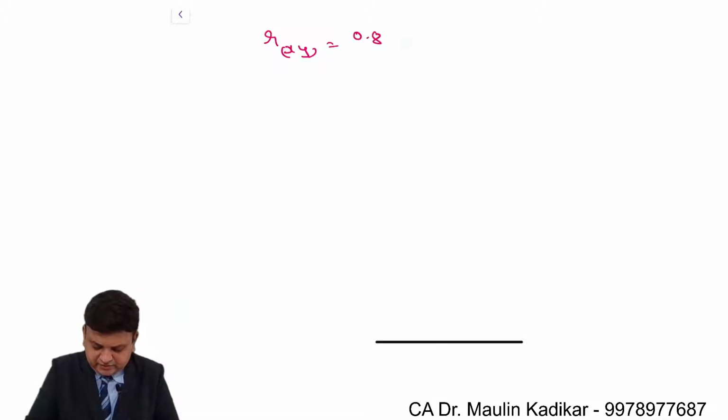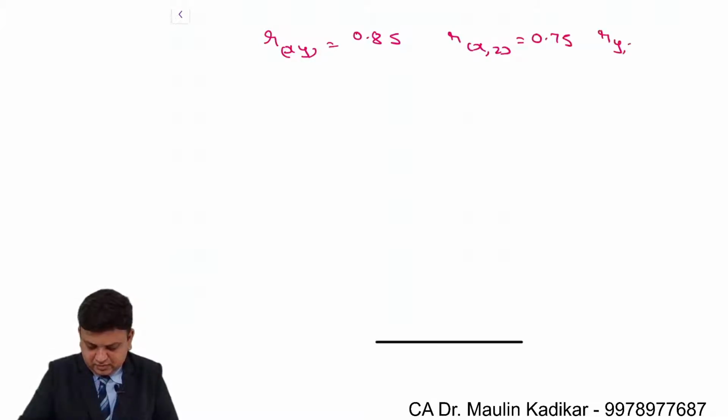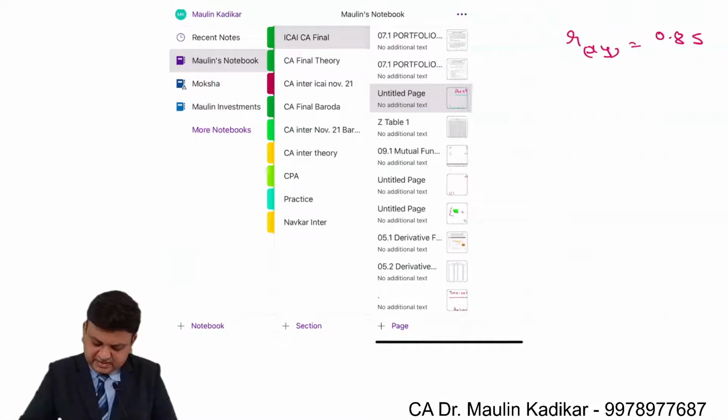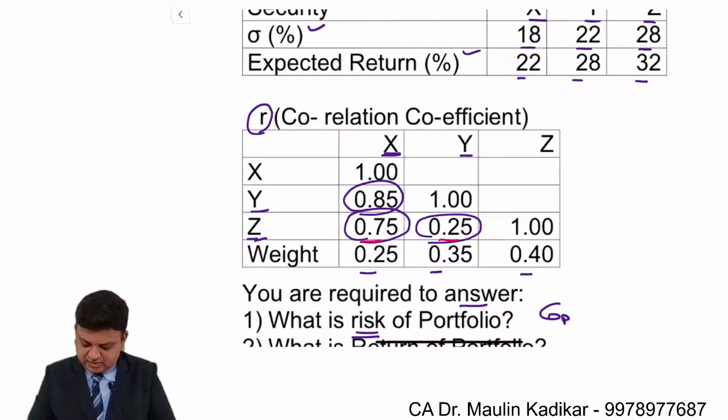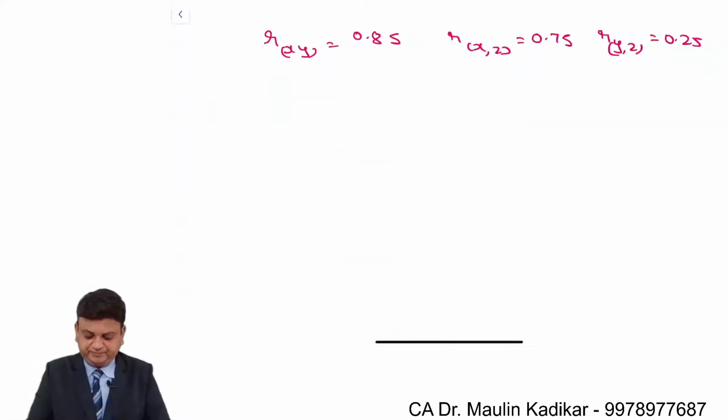So this is 0.85, correlation coefficient X with Z 0.75, Y with Z is 0.25. That is the way the correlation coefficients have been provided to us. Listen to me carefully now.